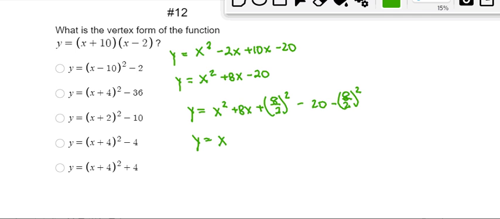So that's going to be x squared plus 8x. 8 divided by 2 is 4. 4 squared is 16, minus 20 minus 16. So this is going to be x plus 4 squared minus 36. That was kind of quick, I know.